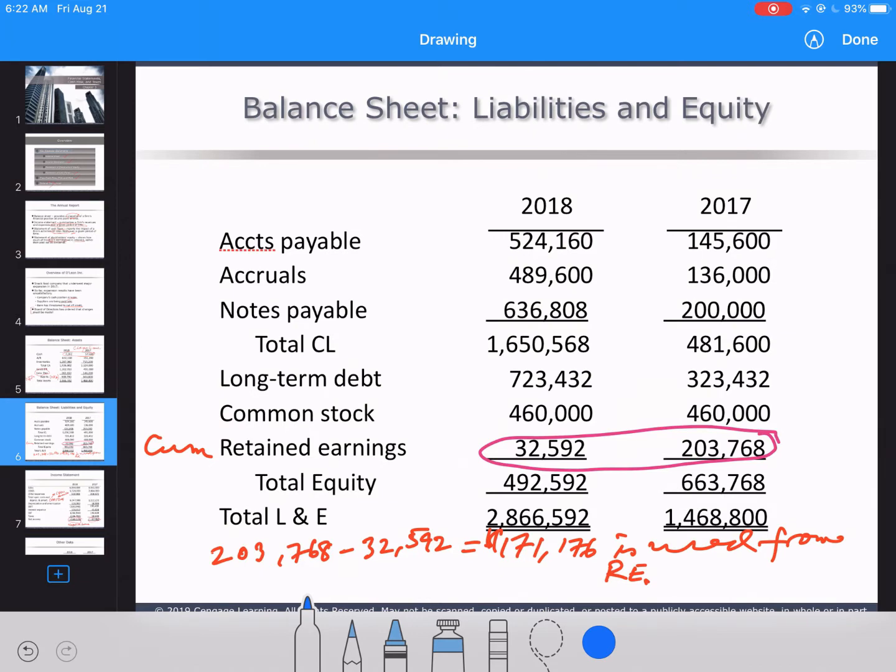And then you have liabilities and equities, which is accounts payable, accruals, notes payable, and long-term debt, common stock, and retained earnings, which is cumulative retained earnings. I mean, it is added to every time you earn net income. So net income is partitioned between retained earnings and dividends.